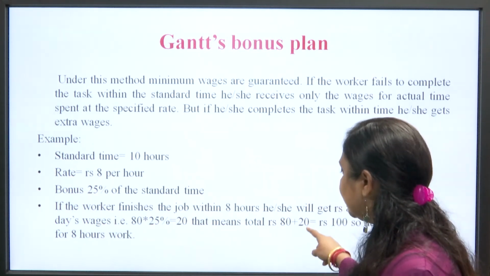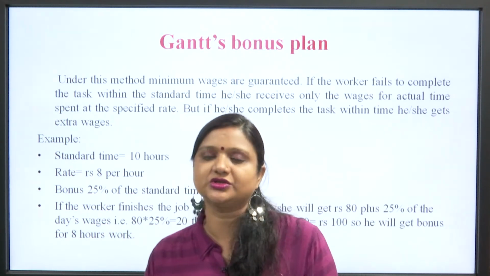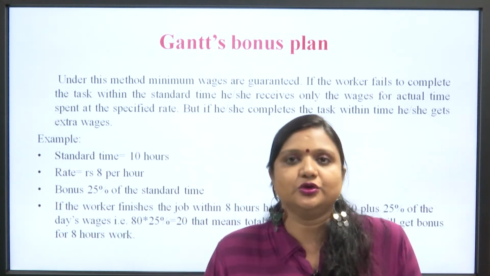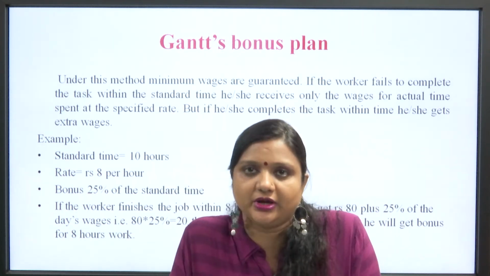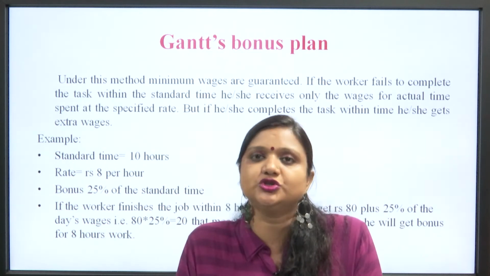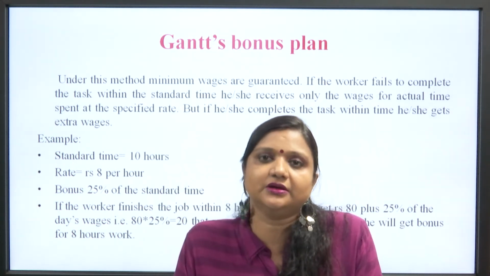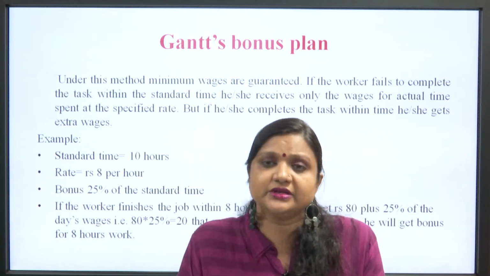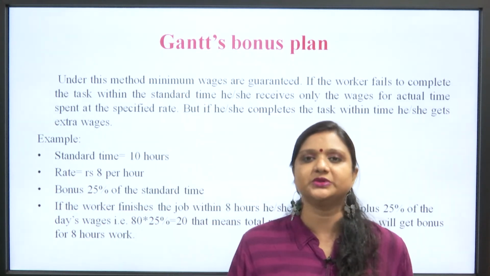So, 80 plus 20 means 100 rupees. He or she gets a bonus for the time saved. So, it is all about a plan based on production, and it ensures minimum wages, meaning all the workers, whether they perform well or are simply contributing to the achievement of the organization's goal, must be compensated.